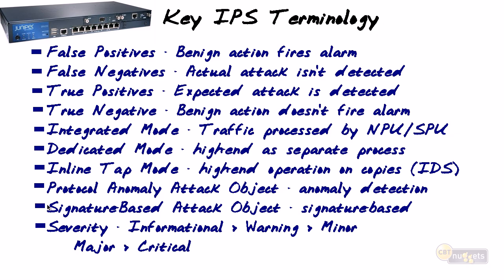Now, what we typically base our IPS on is the signature-based attack object. And this is a lot like the signatures you have in an anti-spam engine or an antivirus engine. You have predetermined things you're looking for based on regular expressions, right? You're looking for patterns in email like Viagra and different spellings of Viagra.